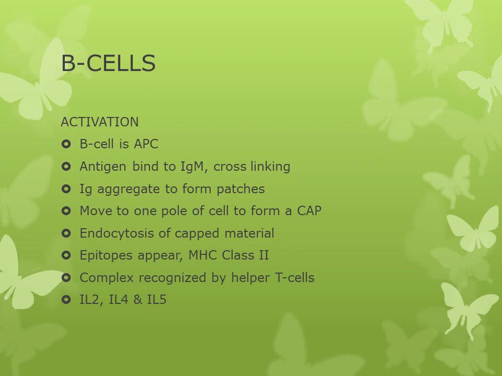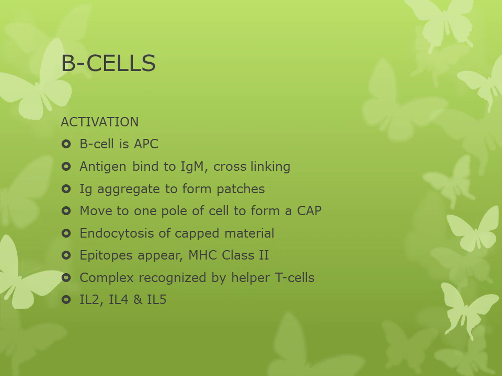When all the aggregates or patches move towards one pole, they assemble there, and the other pole will be vacant. The pole that contains the patches mimics the appearance of a cap. So these patches move towards one pole of the cell and form a cap. When the capped material is formed, its endocytosis occurs.